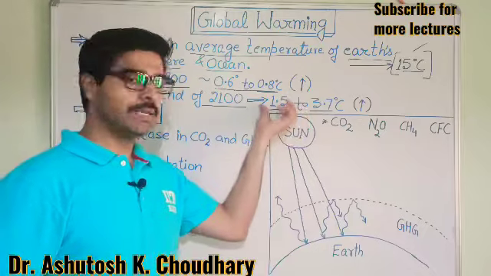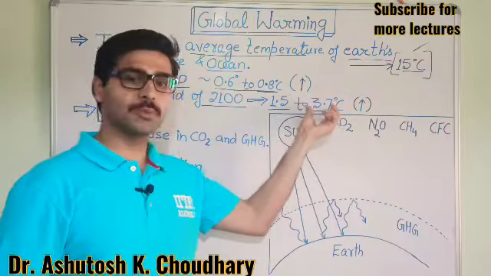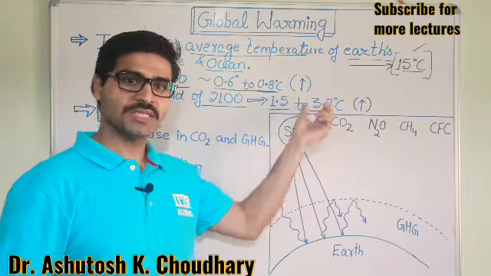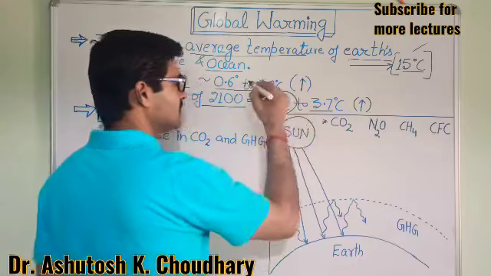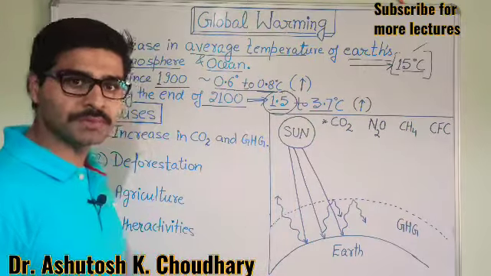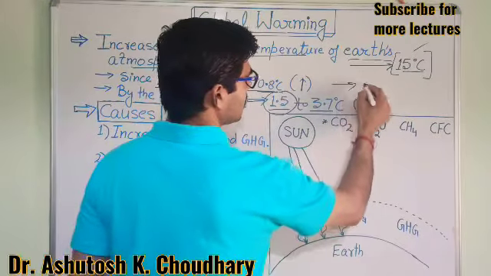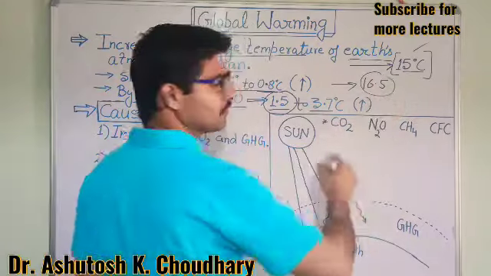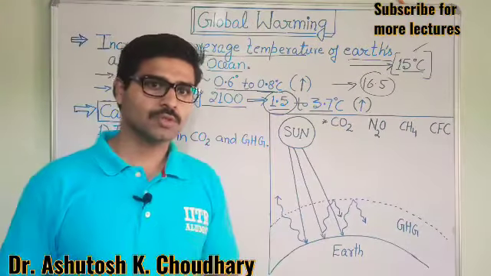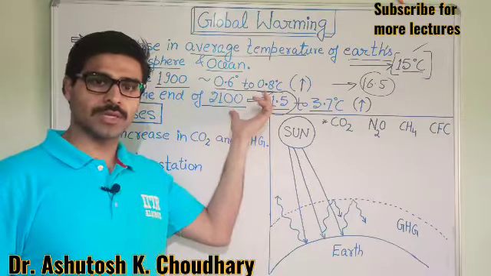Meaning minimum 1.5 degree or maximum 3.7 degree. That means if a 1.5 degree increase in temperature happens, then the average temperature of Earth will be 16.5. Are you getting my point? So this is the concept of global warming.